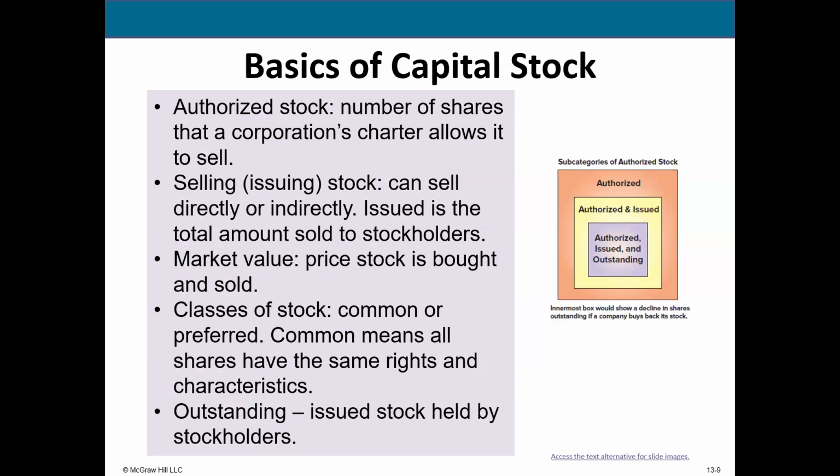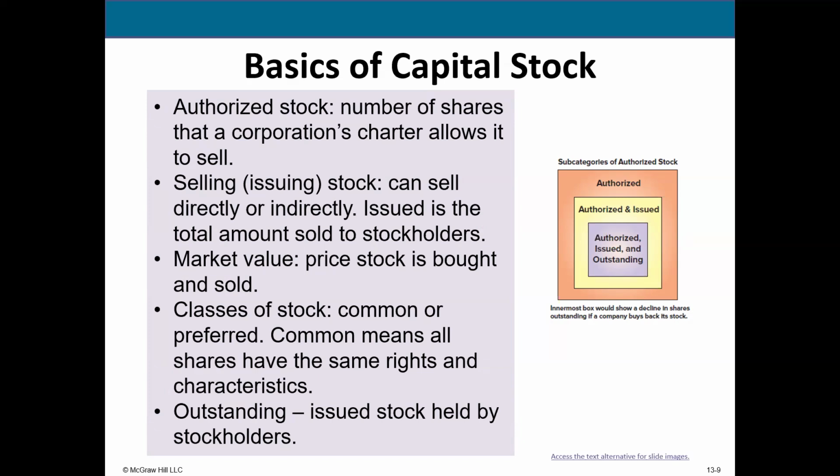So, a couple of definitions you need to be aware of. First is called capital stock. Capital stock is a phrase that we use when it comes to shares that are issued and obtainable.